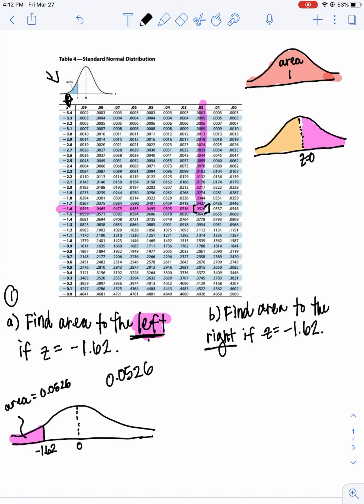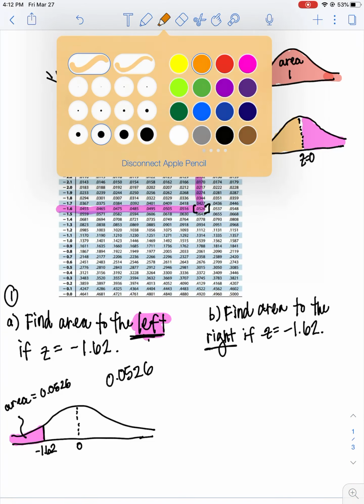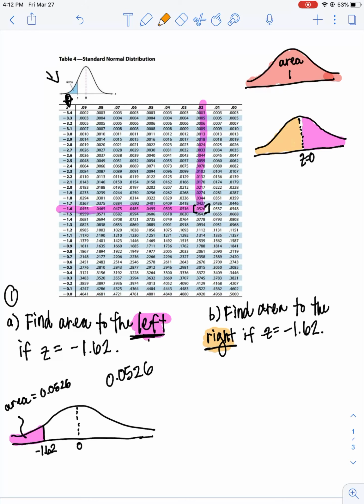Okay, and so now we're looking at part B, and it's the same z value, and I did that on purpose. It's just now it wants the area to the right. So now I want every bit of this space to the right of that number. Well, that's why I started this video with this up here, because it told you that the area equals 1.